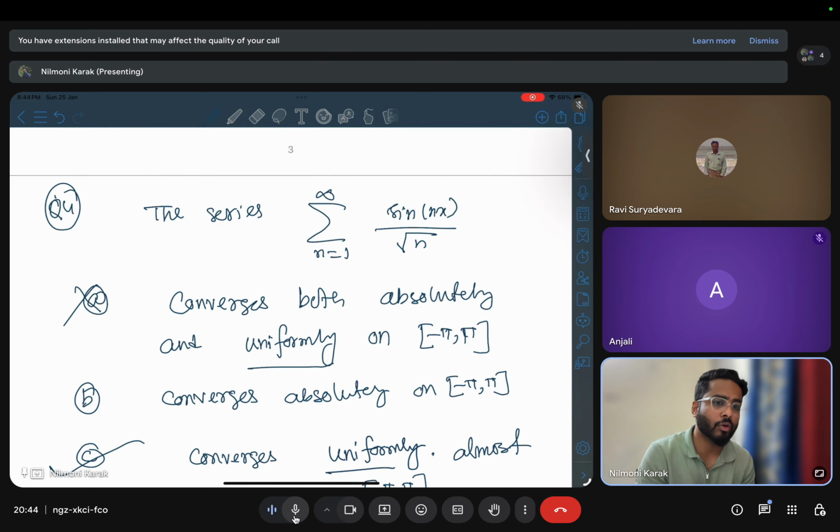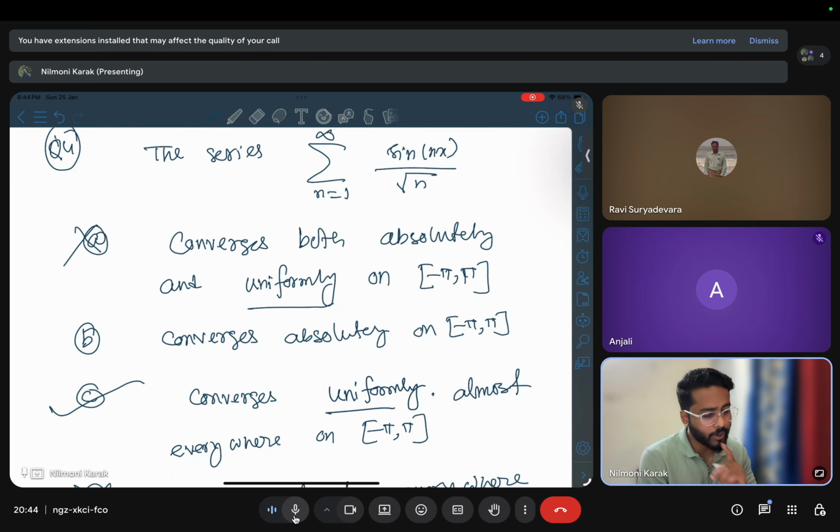Okay, because modulus is 1, right? You can show it this way, for x equals pi or minus pi. No, sin n pi is always 0.